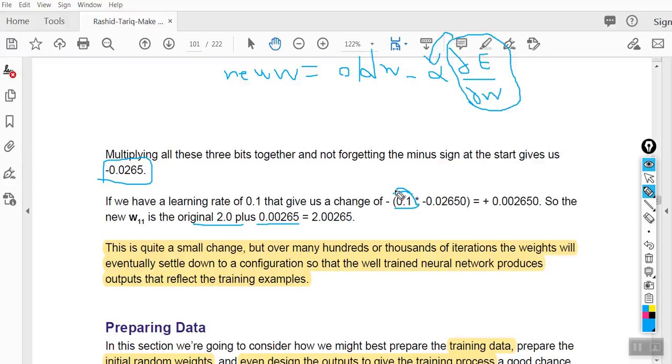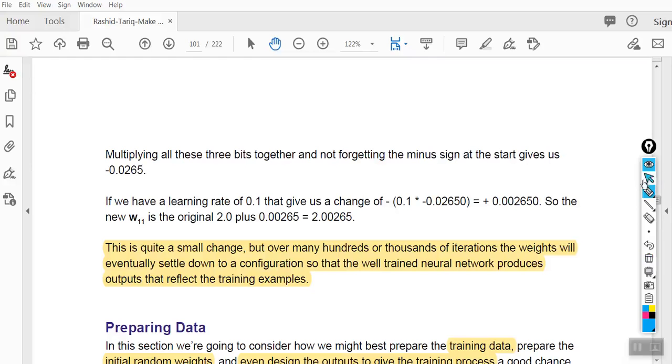Okay, here the learning rate is 0.1, and this minus is because of this equation. And then after the summation with the old W, W11 is this. Okay.